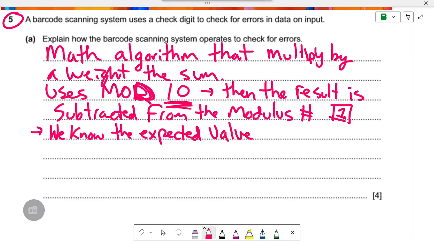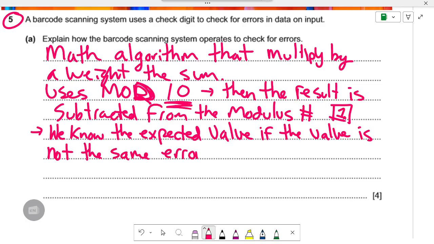After doing a whole bunch of calculation, we know what we should get. If the value is not the same, it means there's an error in the transmission.